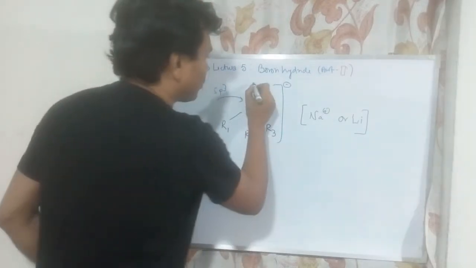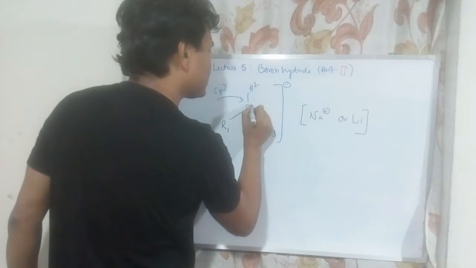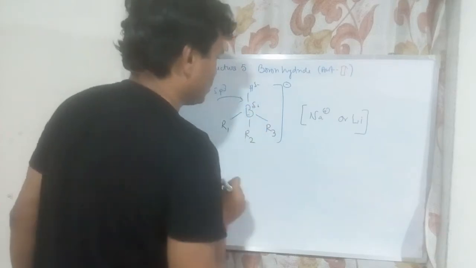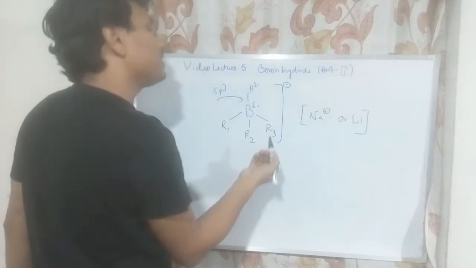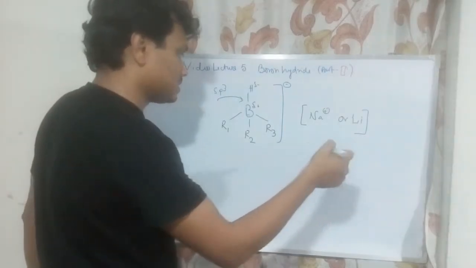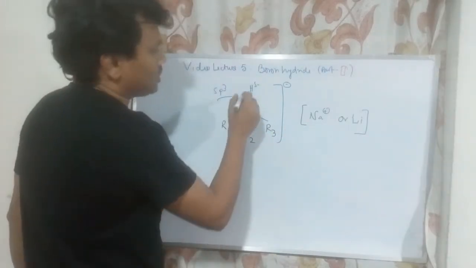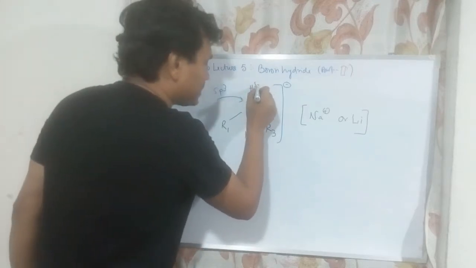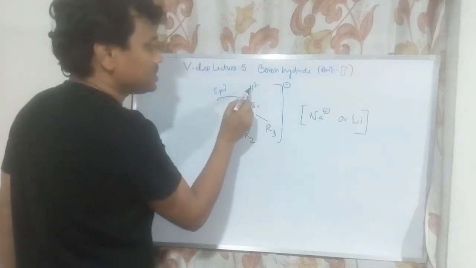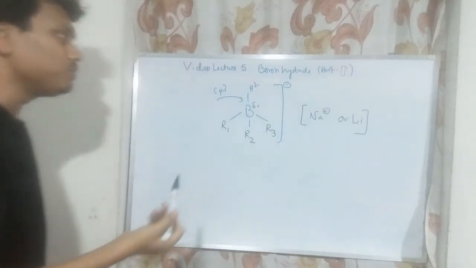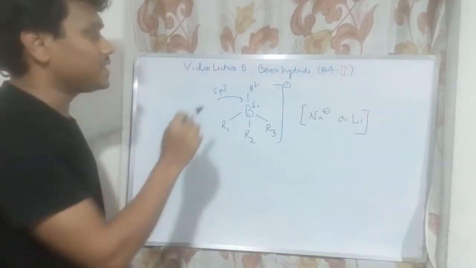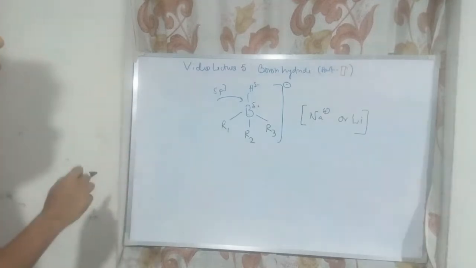So we can see this borohydride contains delta negative hydrogen and delta positive boron. So it is expected that this delta negative may react with water, alcohol, these reagents. So if the negative charge density on this hydrogen is more, then it will react more efficiently. So we will get more active hydride transfer reagent.